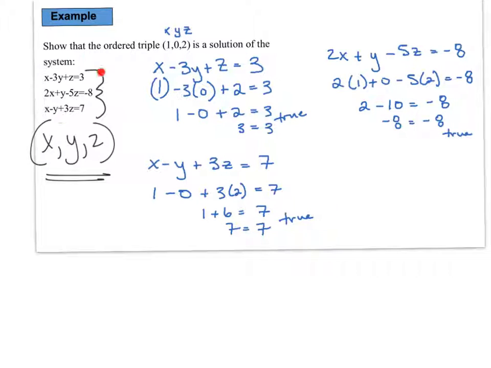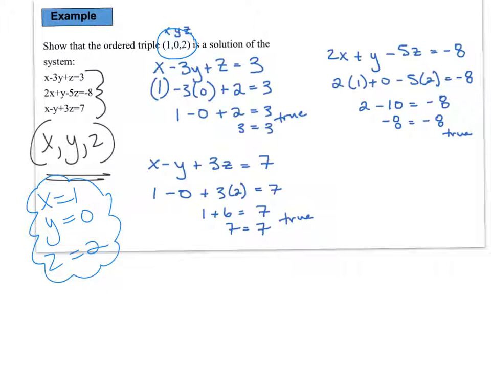So this is my system of equations. To find out if the ordered triple 1, 0, 2, so when x is equal to 1, y is equal to 0, and z is equal to 2, is the solution of this system of equations, we're going to substitute those values into each of these equations.